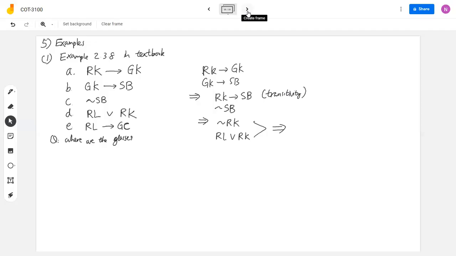And then we have not RK, and this is by Modus Tollens. And this is by contradiction.